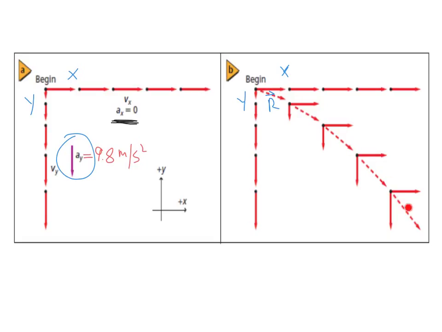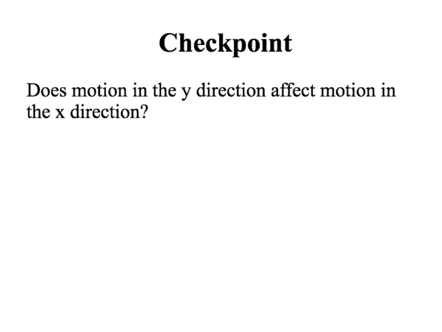If the x stays constant over time and the y increases over time, then overall the resultant should also increase over time. Here's a checkpoint question for all of you to check your understanding. Does motion in the y direction affect motion in the x direction?